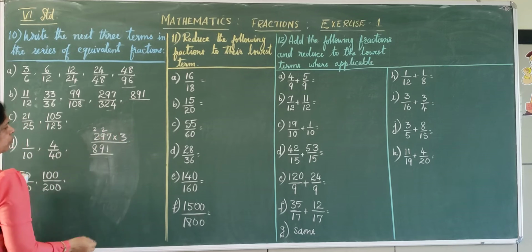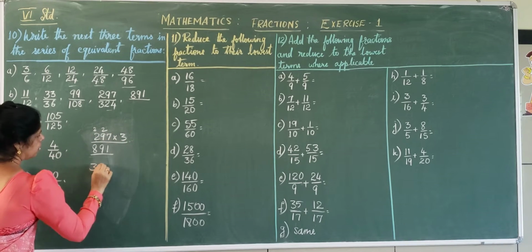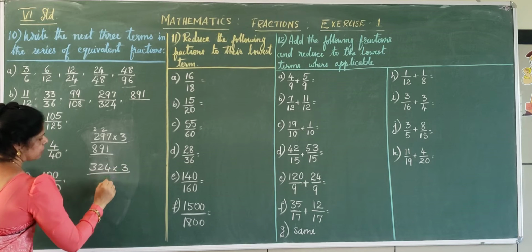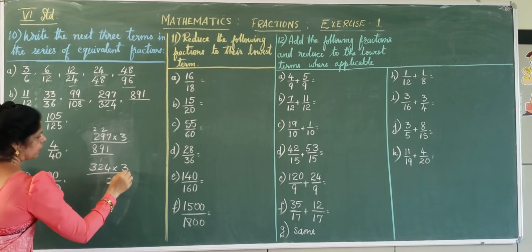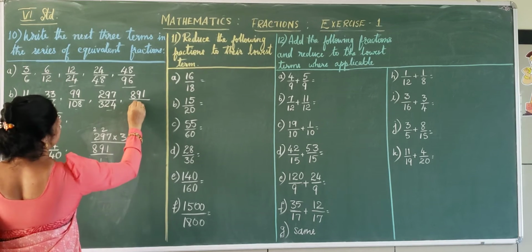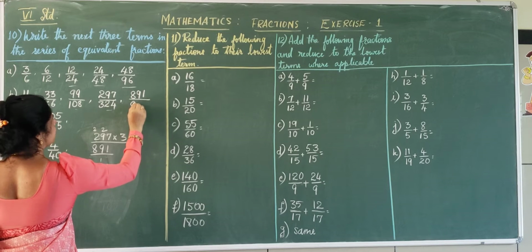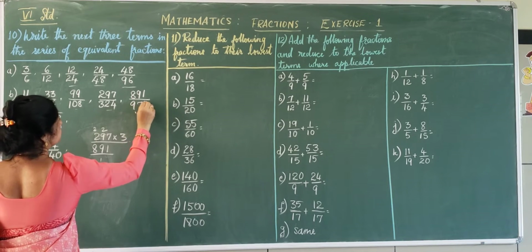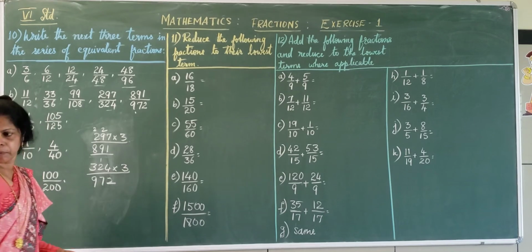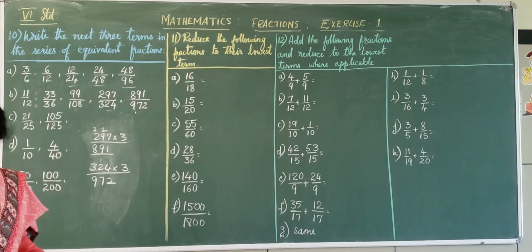Again 324 into 3. 3 4s are 12. Carry 1. 3 2s are 6 plus 1 is 7. 3 3s are 9. So 891 by 972. So did you understand now? Now let us go for the next question.